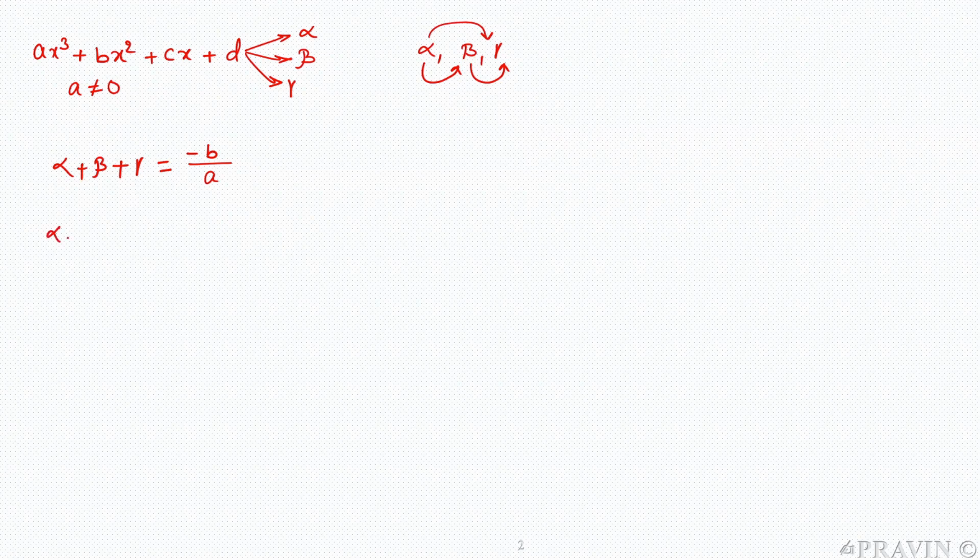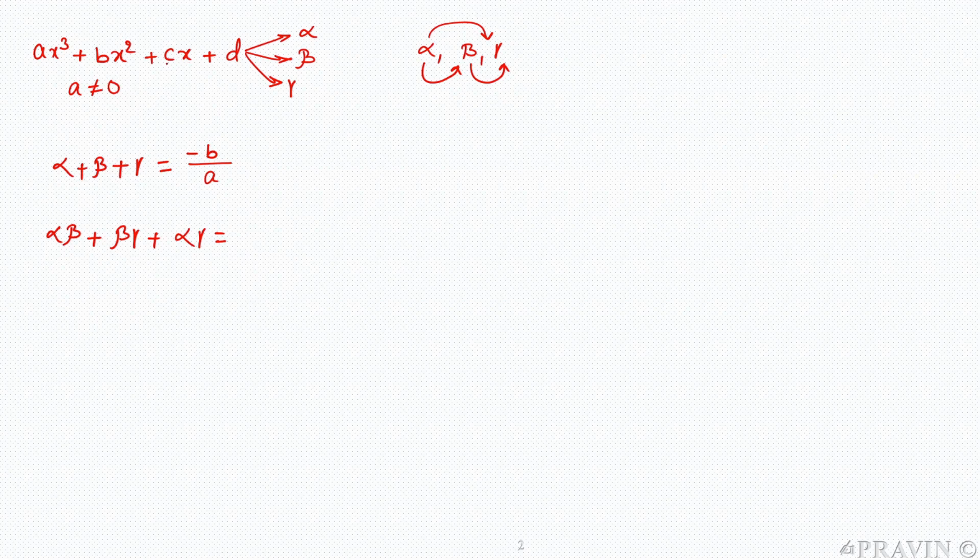That is alpha beta + beta gamma + alpha gamma. This is how you can write it in a very short way in mathematics instead of writing in words. This is the sum of products of the zeros taken two at a time, and this can be related as coefficient of x divided by coefficient of x³.